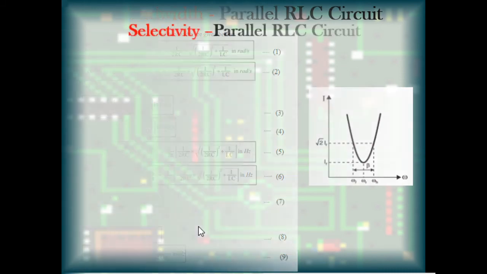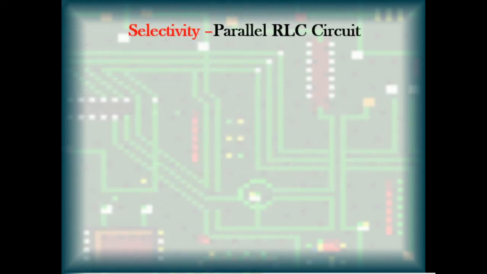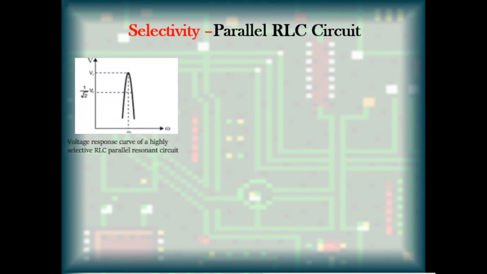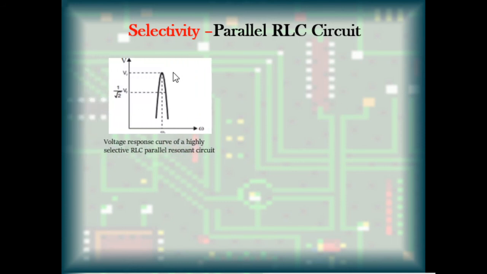Okay, so finally we are moving on to the selectivity of the parallel RLC circuit. Now look at this graph, that is, under resonance condition, the voltage response in an RLC parallel circuit will have this kind of selectivity, that it selects a particular frequency and rejects all the other frequencies.